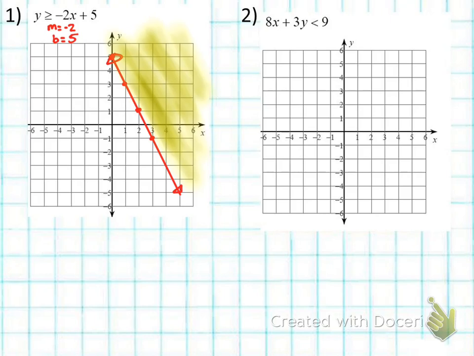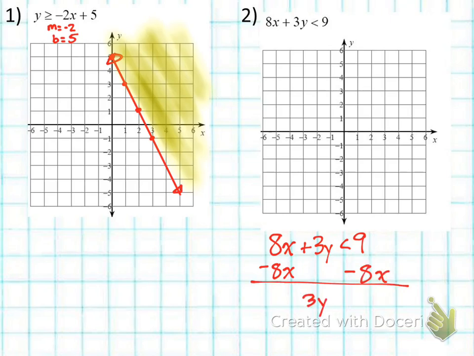Number 2, watch me do number 2 now. Same thing. Is it in slope-intercept form? No, so I'm going to change it. Let me rewrite it down here. We got 8x plus 3y is less than 9. Subtract 8x from both sides. When I do that, we got 3y is less than negative 8x plus 9.